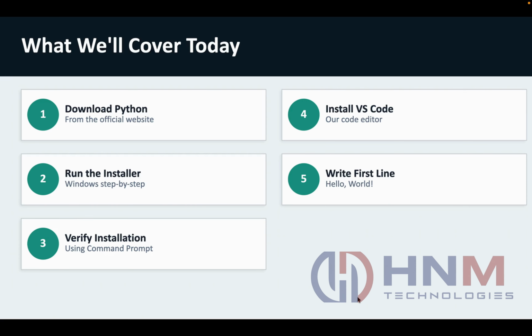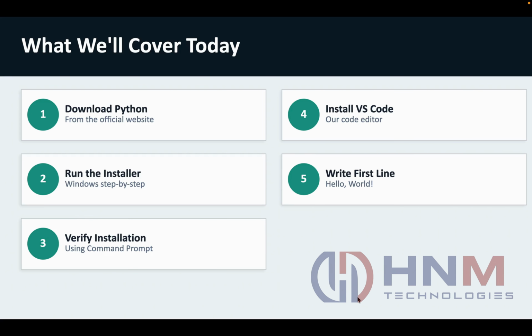So, the agenda. What we'll cover today. We'll start with a quick reminder about which version of Python to use. Then we'll walk through downloading it and installing it, and I'll show you the steps for Windows and macOS.